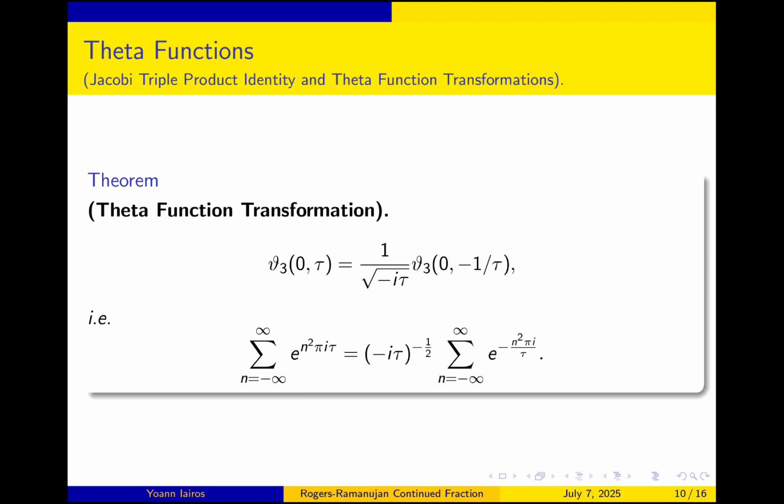For example, Riemann, in his paper of 1859, where he stated the Riemann hypothesis, made use of the theta function transformation in order to give an elegant proof of the functional equation for the Riemann zeta function. And you can also prove things like quadratic reciprocity using the theta function transformation. Okay, so these were two very fundamental and important results in the theory of theta functions.